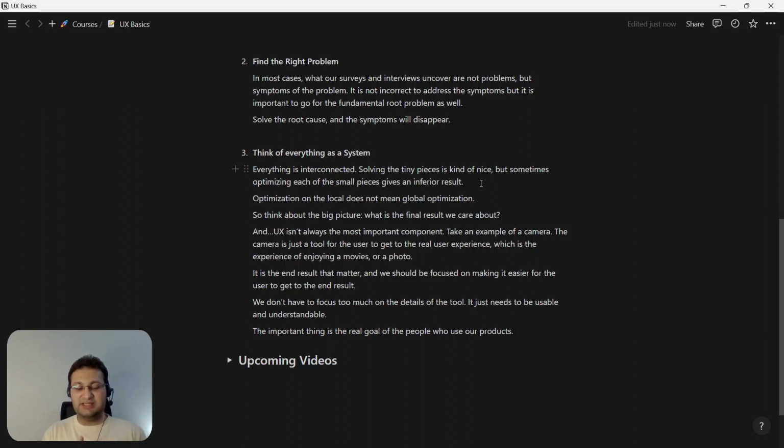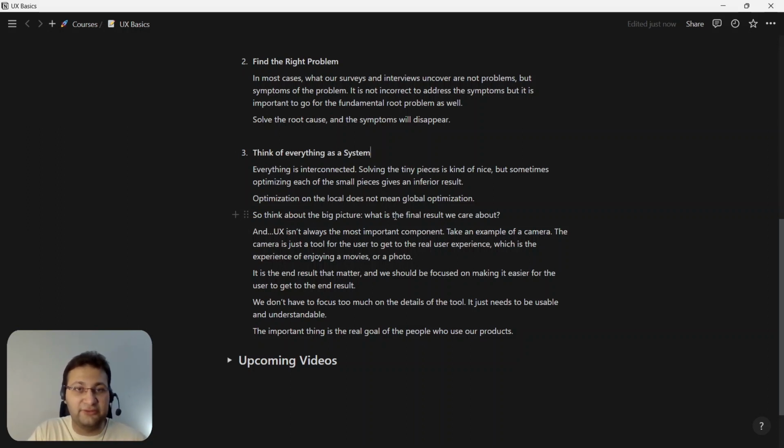If you can see a problem in its entirety, but you choose to solve tiny pieces of that system, optimization on a local level does not mean global optimization. It may be giving an inferior result. So think about the big picture.